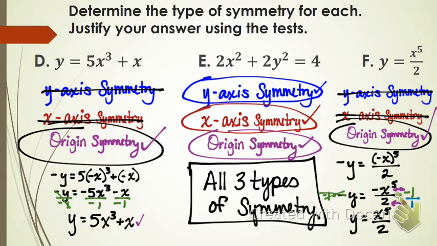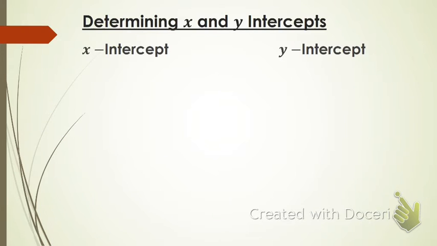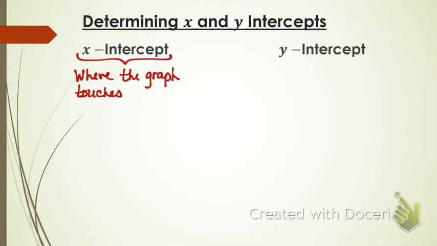Let's go and talk about finding your x and y-intercepts. An x-intercept, this is anywhere the graph touches or crosses the x-axis.